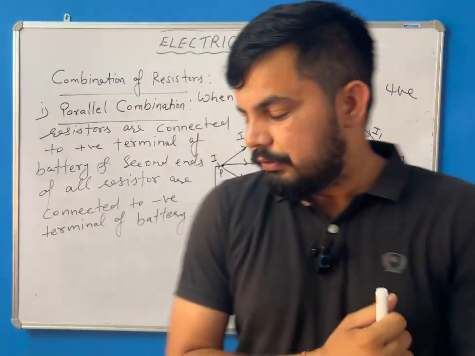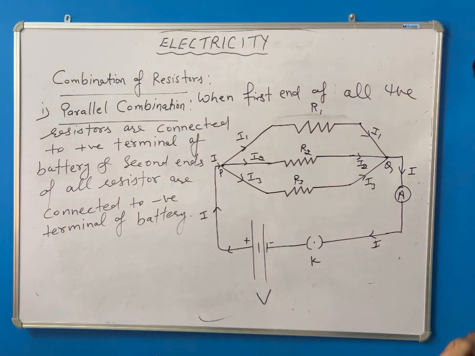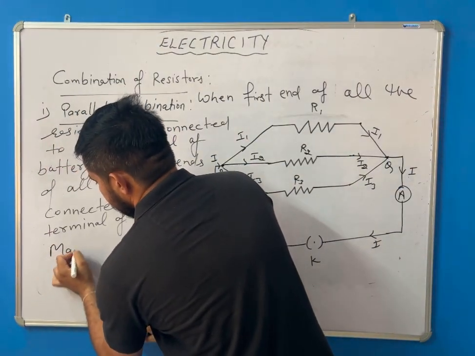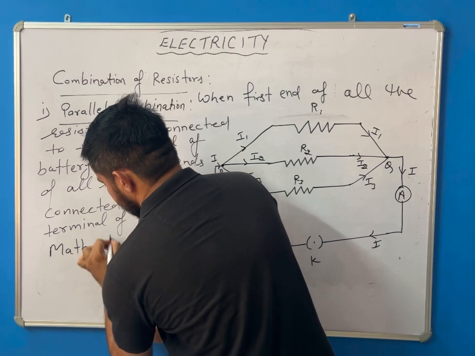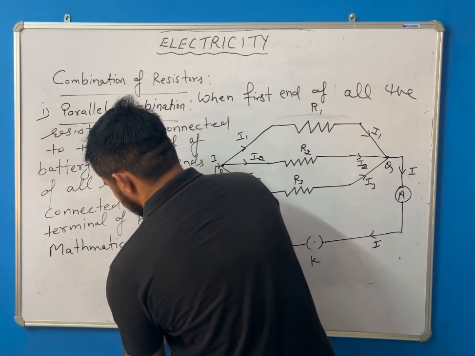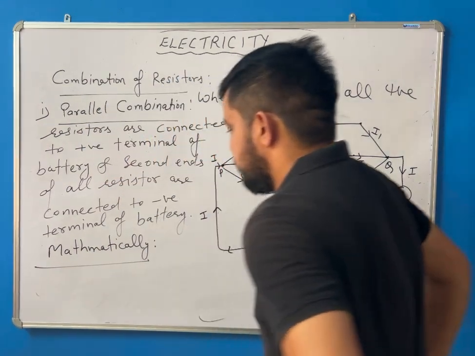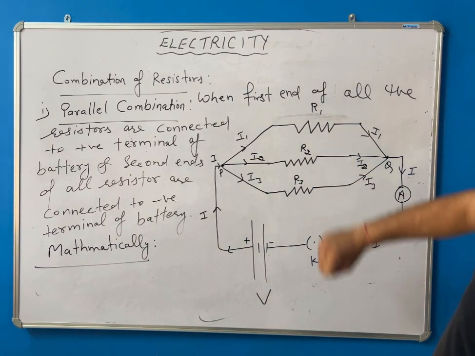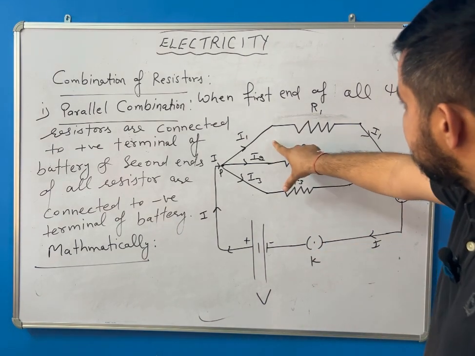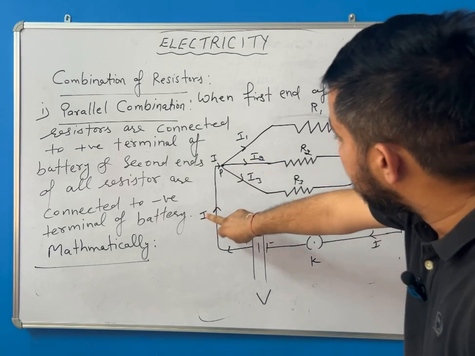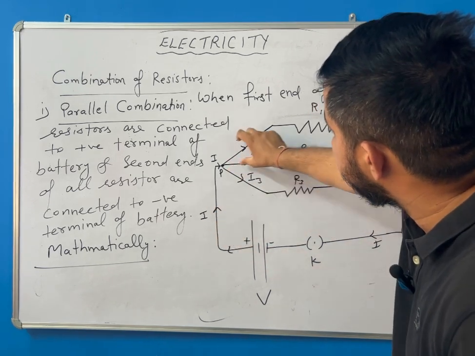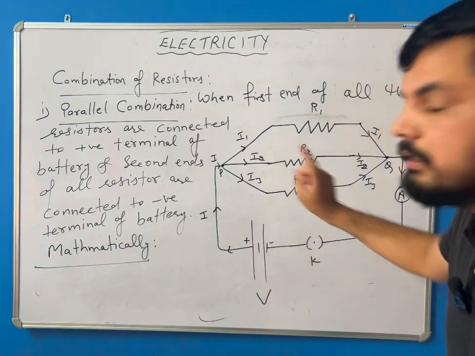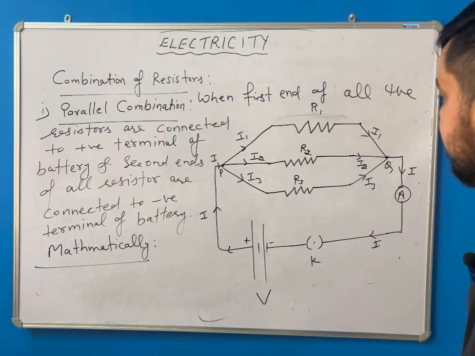Okay, now we will prove it mathematically. Before proving it mathematically, let's see the diagram. In the circuit diagram, we divide the current into three parts, but the potential difference will remain the same.